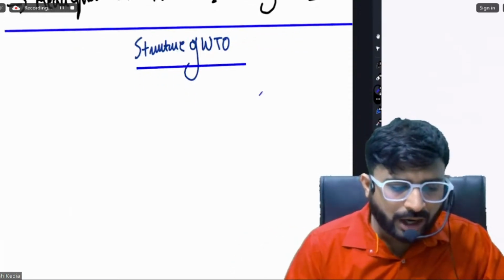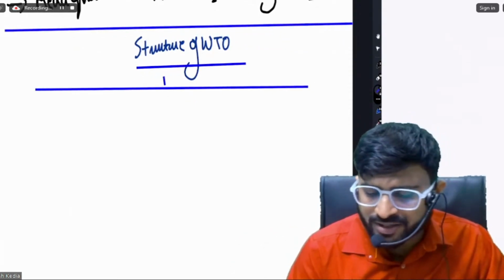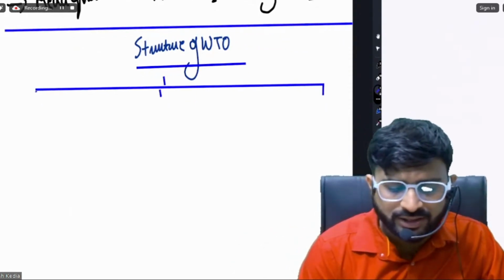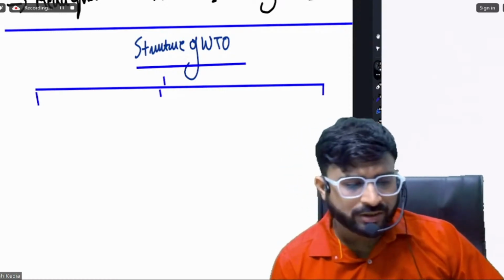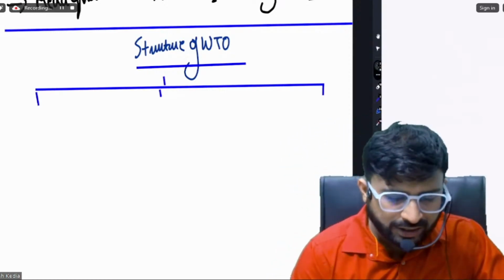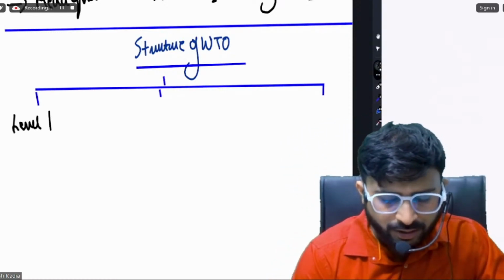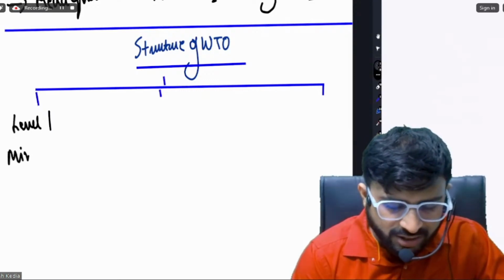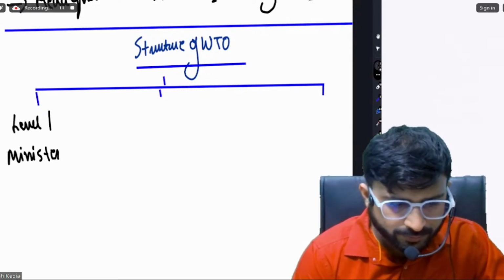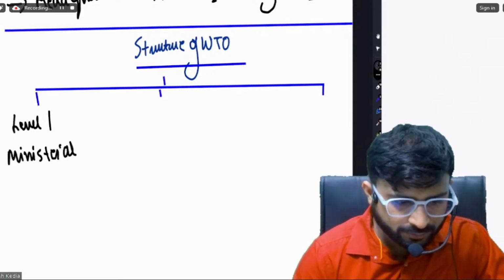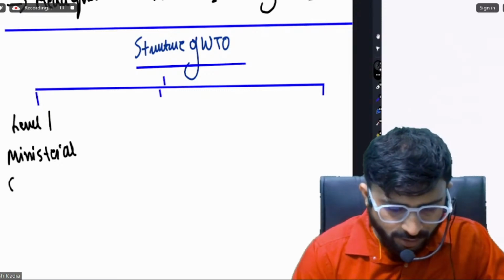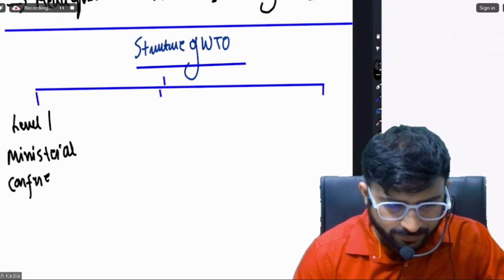So friends, I could say that there are three main levels, and then there is a fourth level also, but that is the last level as we call it. Level one, friends, has the ministerial conference.